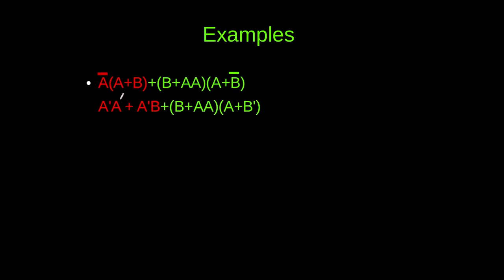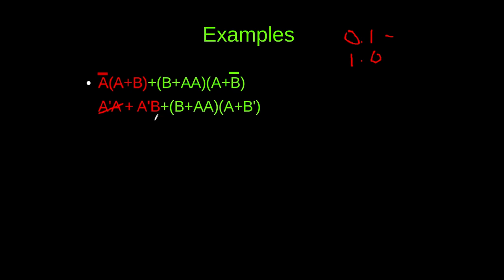So this equals what? If A naught was 0, A will be 1. If A naught was 1, A will be 0. Both of them will give me 0. So this will equal 0. This doesn't change.